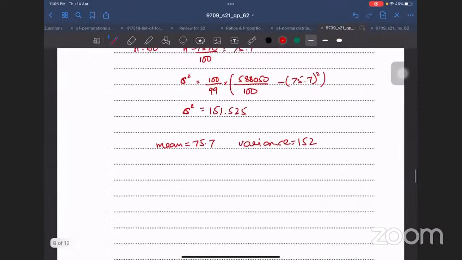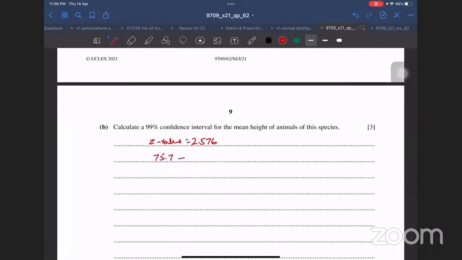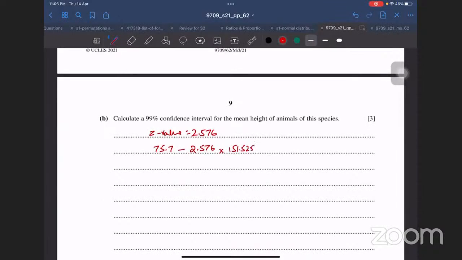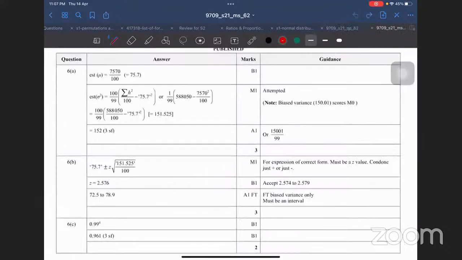So my confidence interval will be x bar 75.7 minus 2.576 into root of 151.525 divided by 100. Okay, it's the correct answer.